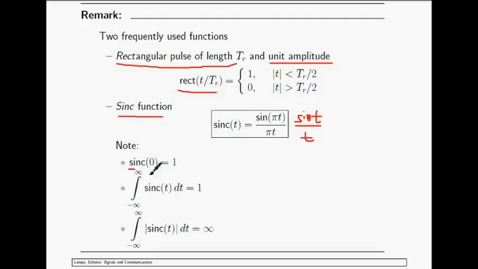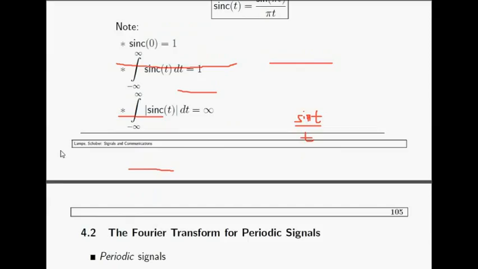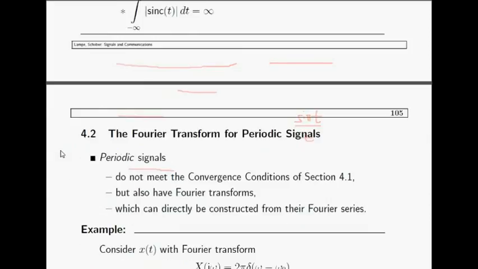So there are some properties related to the sinc: sinc of 0 is 1. Okay, so you might be thinking that sin 0 upon 0, how is it 1. In earlier calculus you might have learned that when the limit tends to 0, sin x upon x is 1. Okay, and the integration from minus infinity to infinity of sinc of t is 1, and the integration from minus infinity to infinity of mod sinc is infinity.